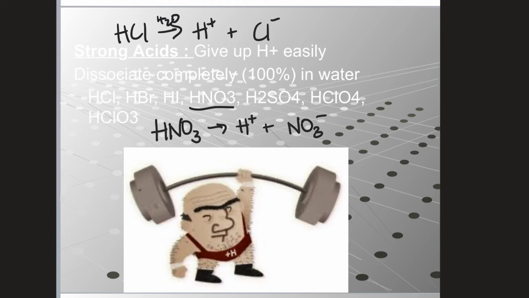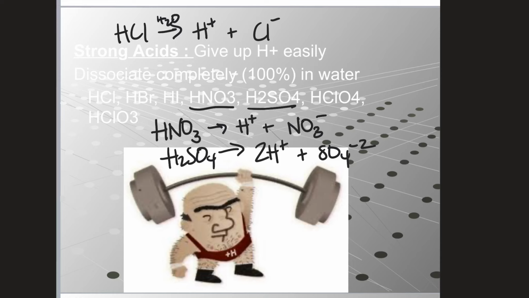Here's another example. Sulfuric acid is also a strong acid, and so that means when it breaks up, it's going to break up into the respective ions, and it will do that 100%. So this reaction is going to go all the way to the right, so it's going to be 2H plus and SO4 negative 2.